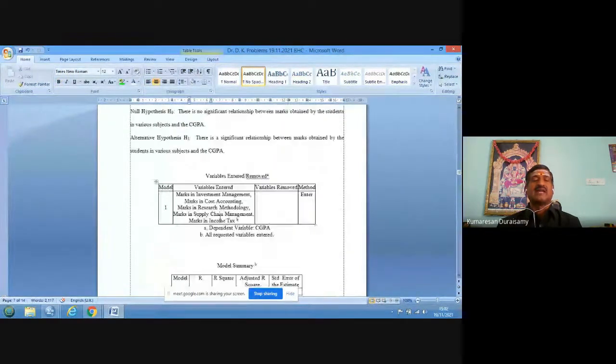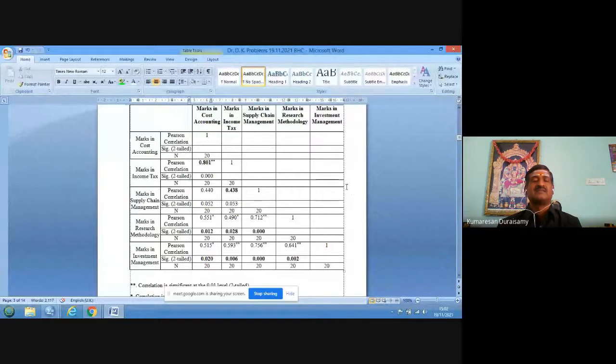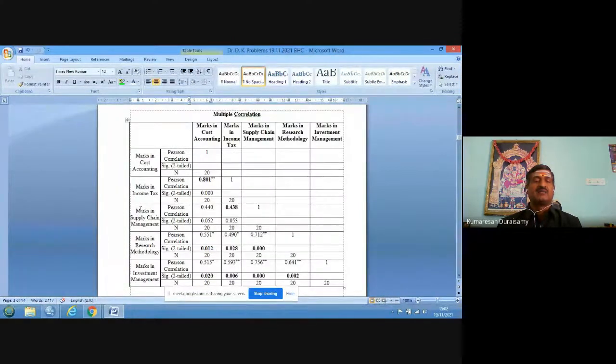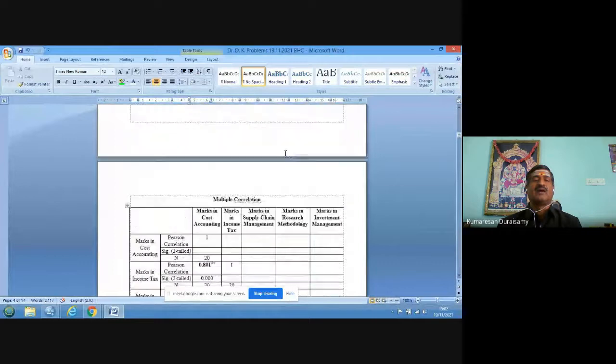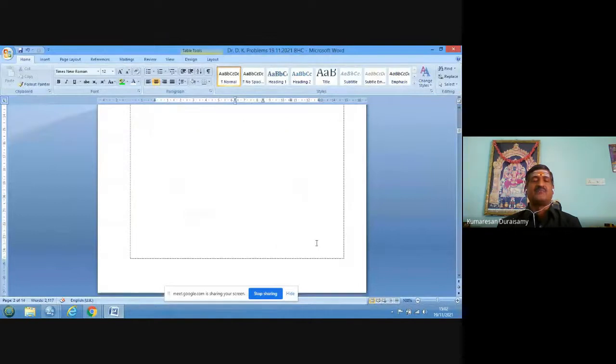From the correlation analysis also, we have got the results, that is, the least correlated subjects are income tax and supply chain. Then the lowest percentage of marks that was also computed earlier. Supply chain management 72.35, highest 78.15.